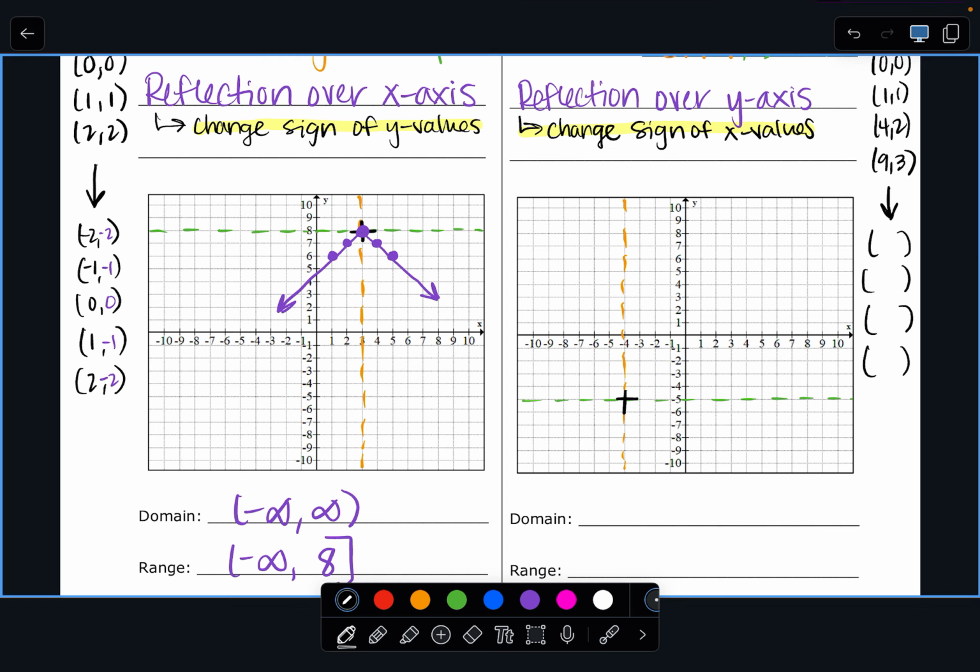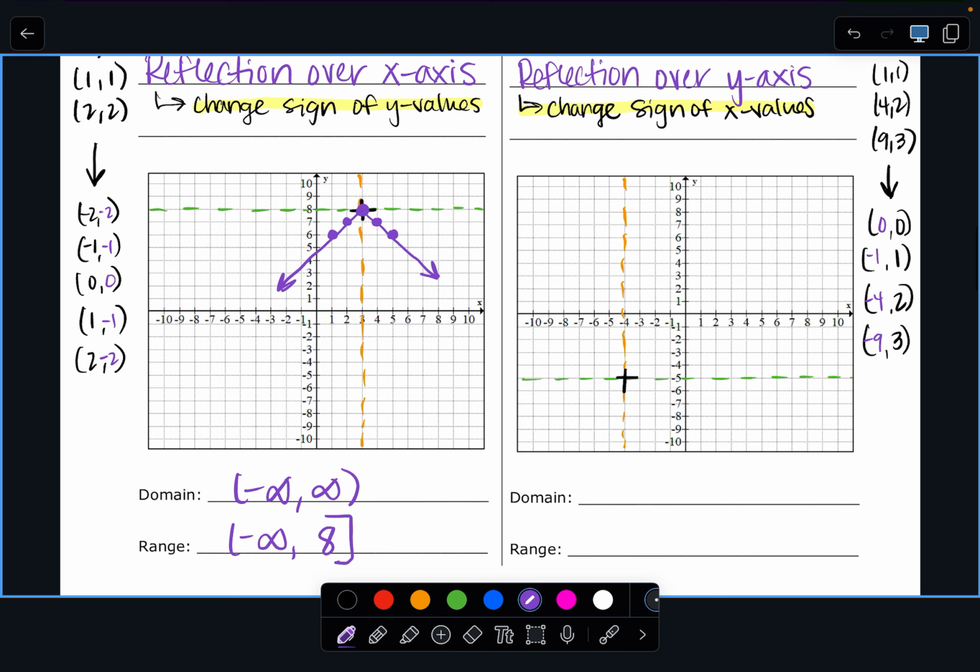So the 0, 1, 2, 3 are going to stay the same because we're not changing y, we're changing x. And then I'm going to take the x values and change the sign. So this is going to be 0, -1, -4, -9. I think we'll only be able to fit 3. I'll make a note to fix it next year.